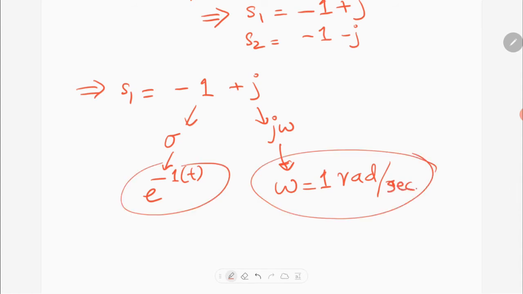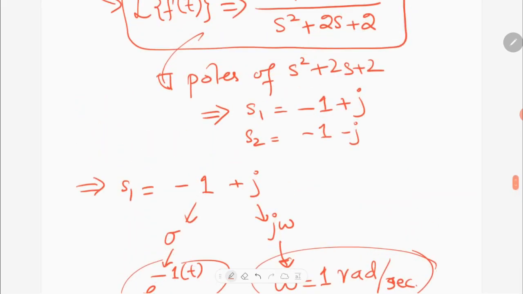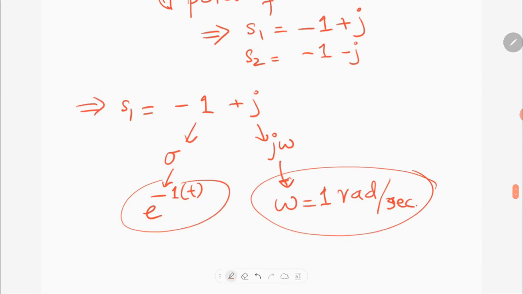We can do this intuitively: this equation represents some system which has this exponentially decaying response and has some frequency factor involved in it.